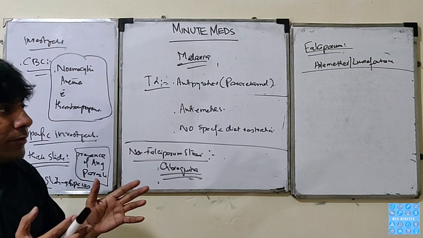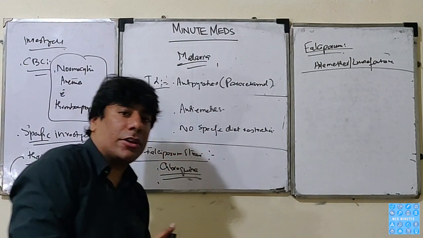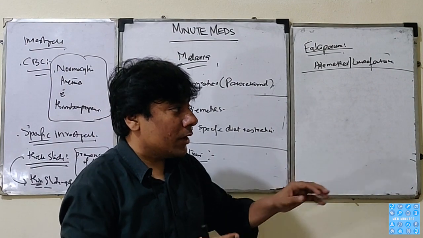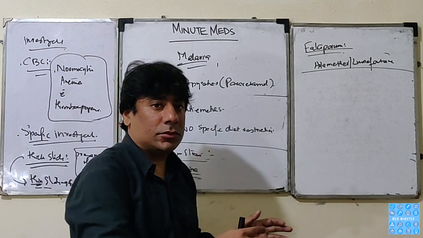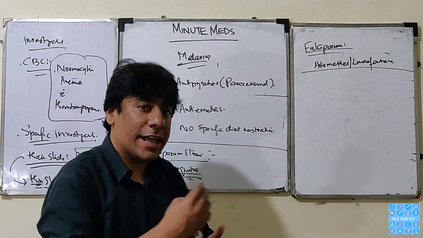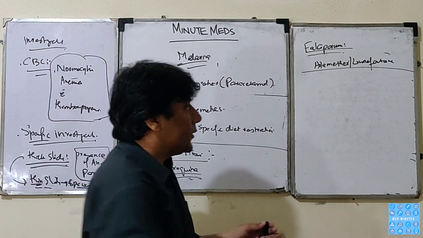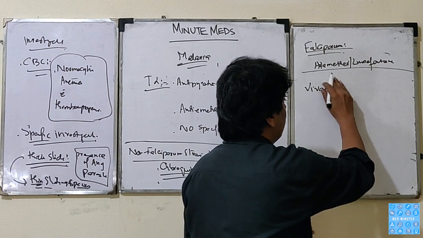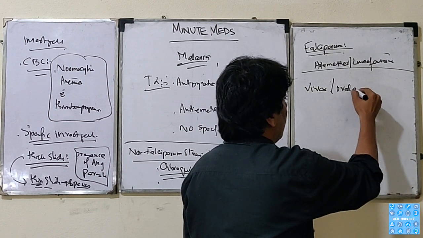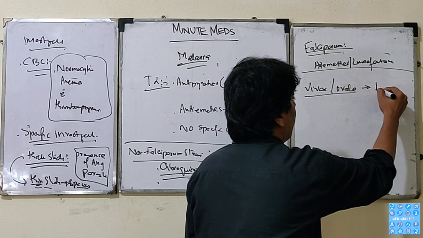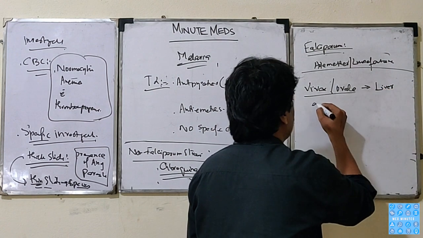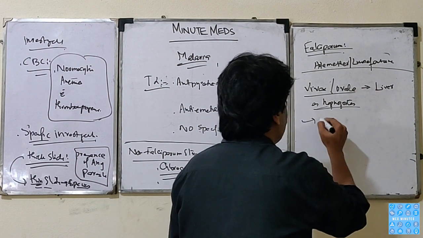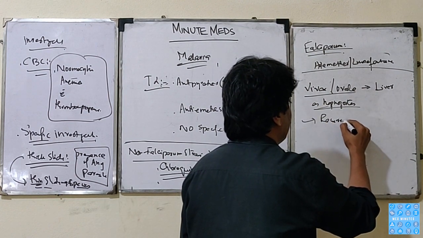Now, in the pathophysiology of malaria, there are some strains that have their remnants in the liver, and they stay there, and the patient has recurrent attacks of malaria. These strains are vivax and ovale. These remain in the liver as hypnozoites, and the patient has recurrent bouts of malaria.